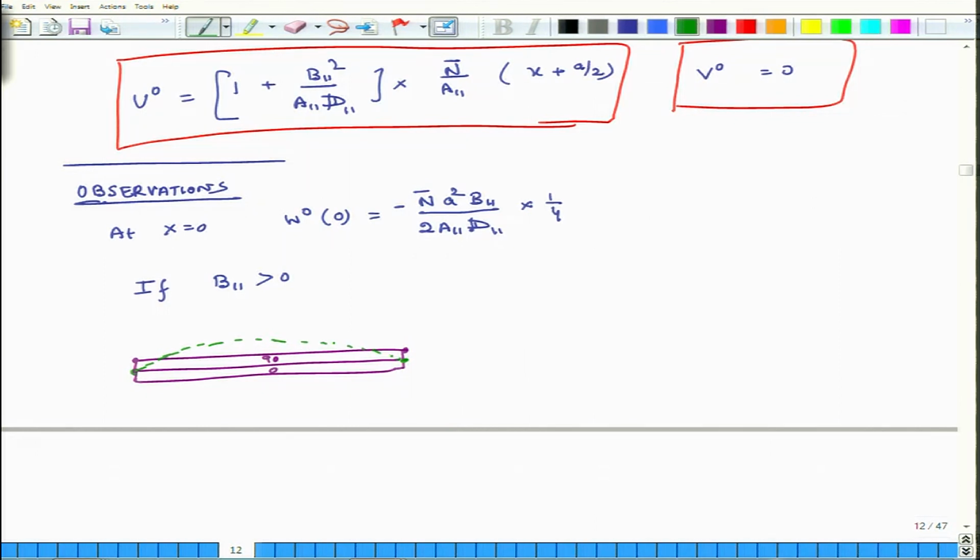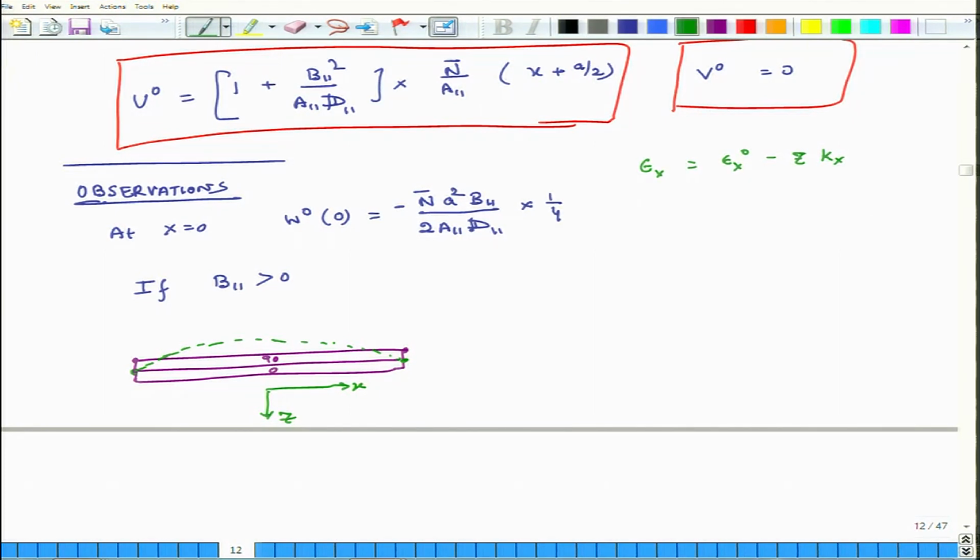Why are we saying it is going to bend in the negative direction? Because in our entire coordinate system, this is x and this is z. Z is always downwards. If you remember, when we calculated ABD matrices and developed the relation that epsilon x is equal to epsilon x naught minus z kx, the z axis was always going down from the midplane.